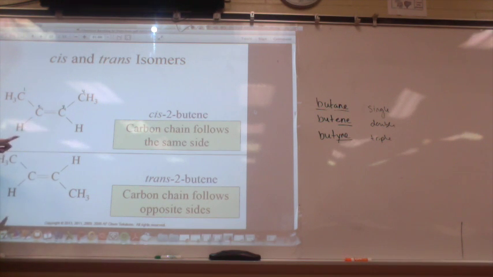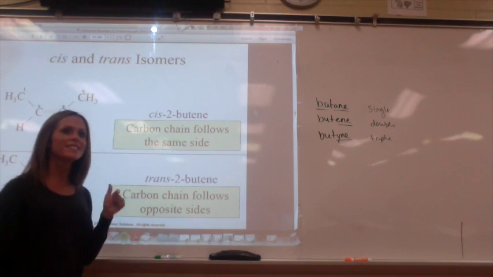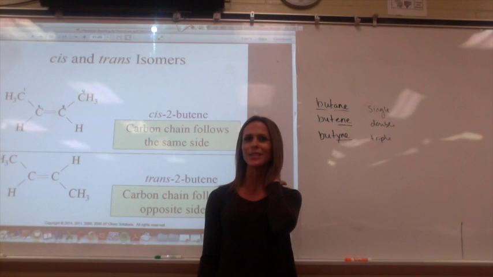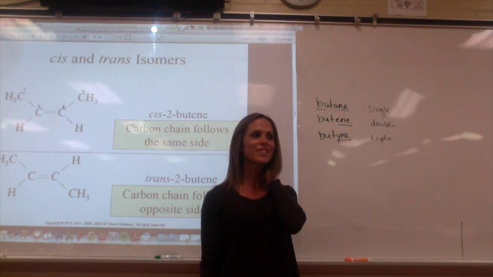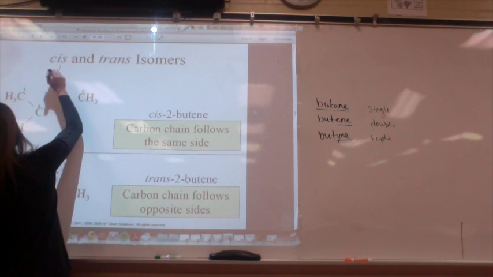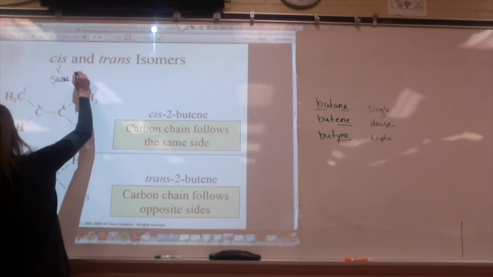And now that special word, cis and trans, is what you need to know. Cis, the way that I remember it, means same side. So cis means that they end up on the same side.